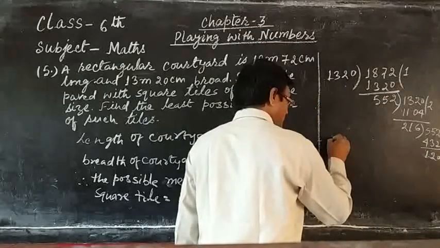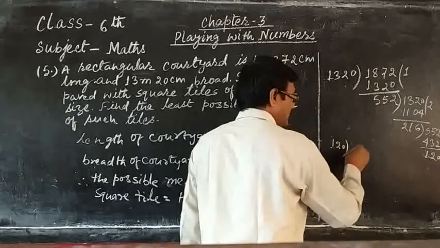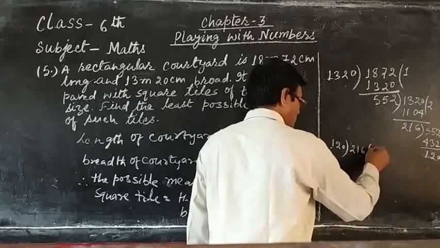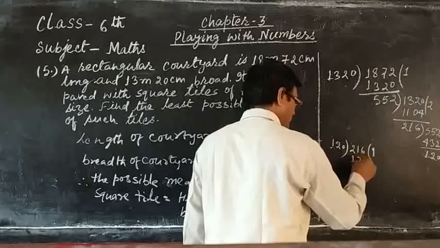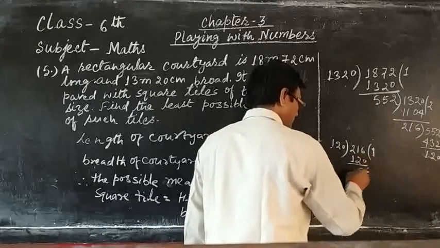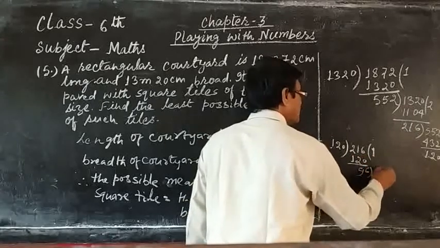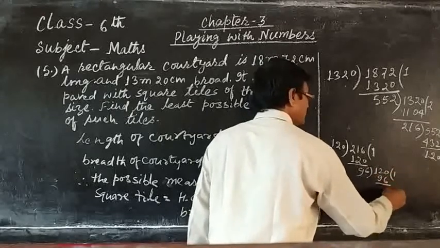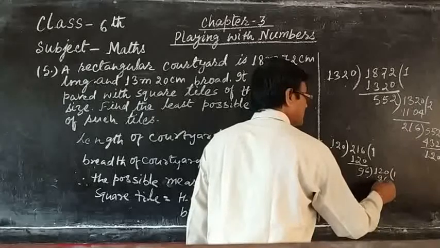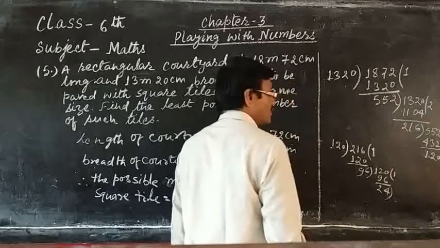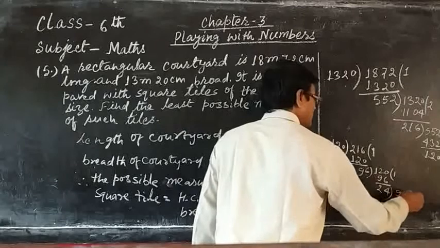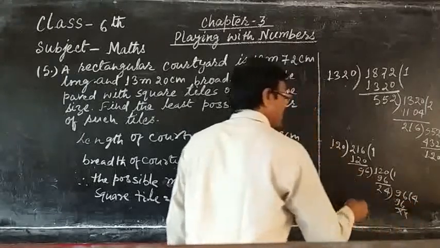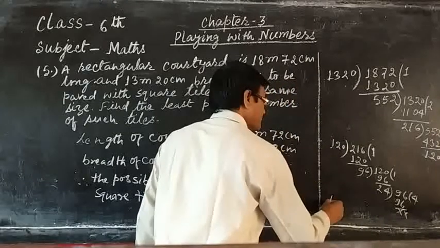Now I am doing here 120 divides 552. In one time 120, remainder 96. Again it divides 120 in one time, remainder here 4 and 11 minus 9, 2, 24. 24 divides it 4 times, then the HCF is equal to 24.